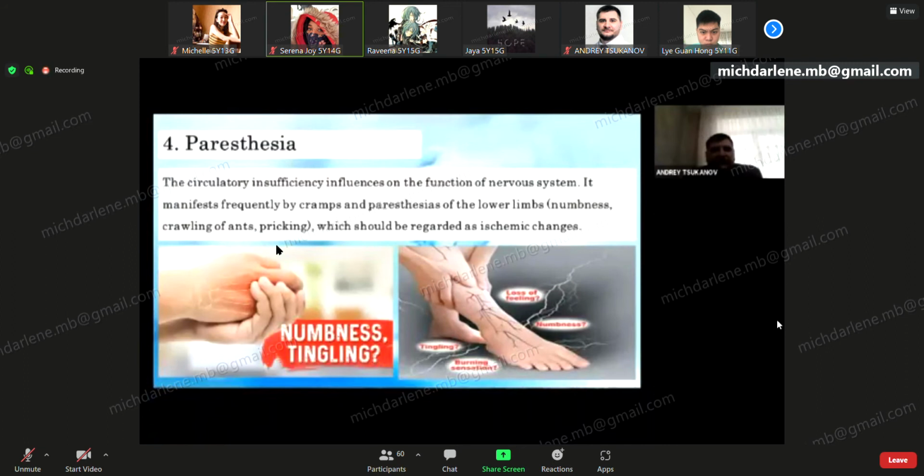Paresthesia. With circulatory insufficiency, the function of the nervous system is influenced. It manifests frequently by cramps and paresthesias of the lower limbs, which should be regarded as ischemic changes.